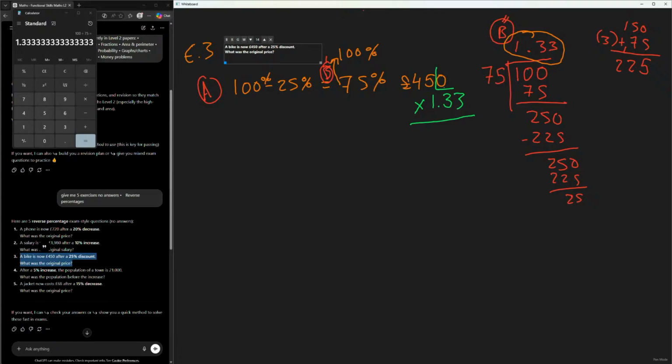So 3 times 5 is what? 15. 3 times 4 is 12, plus 1 is 13.